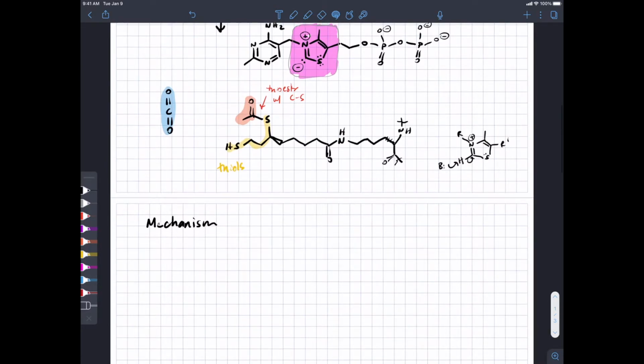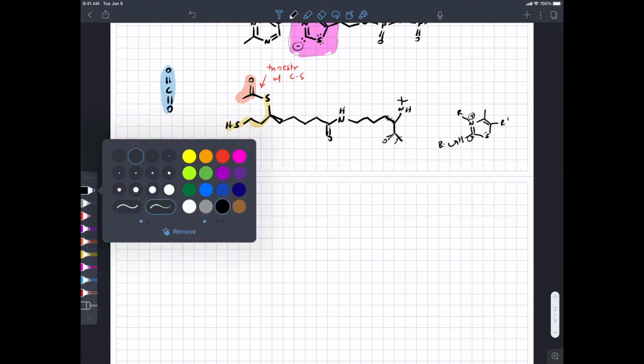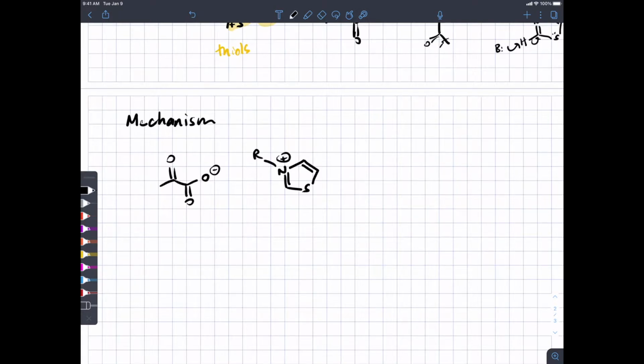All right, so here's pyruvate. And then here's that thiamine ylide, which we're just going to abbreviate as follows.